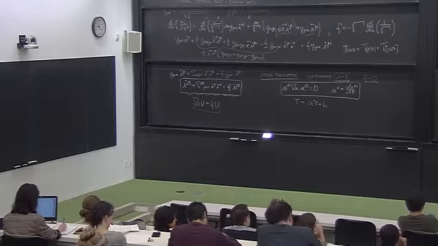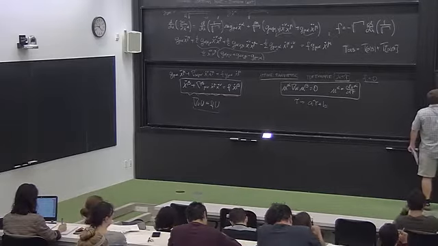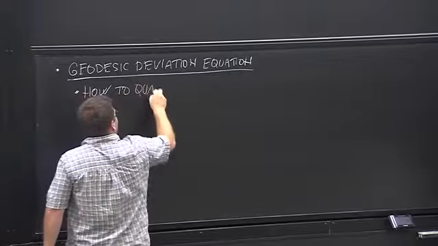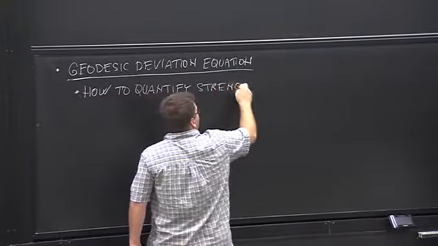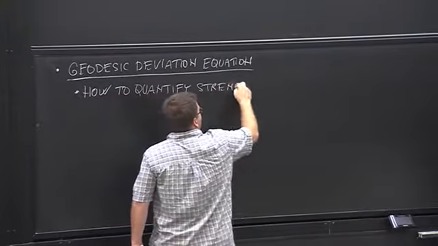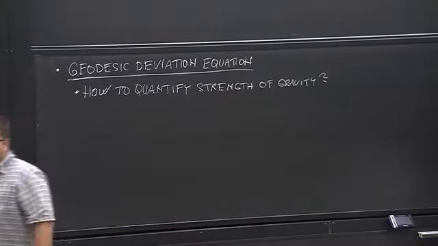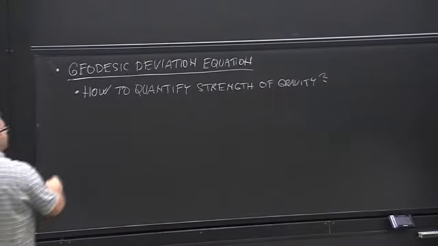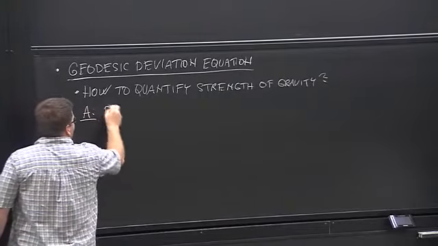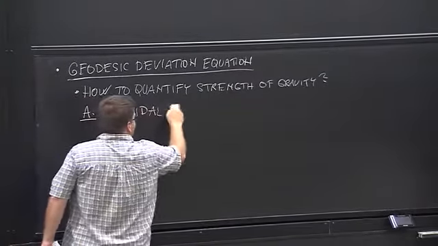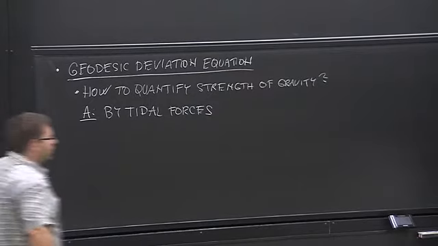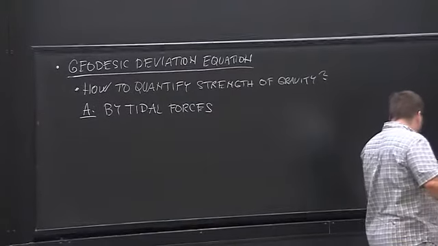Okay, so the question is how to quantify the strength of gravity, and the answer is by tidal forces. So really, what are the differential forces acting on my finite body? As an example, we have that picture of a huge elevator.